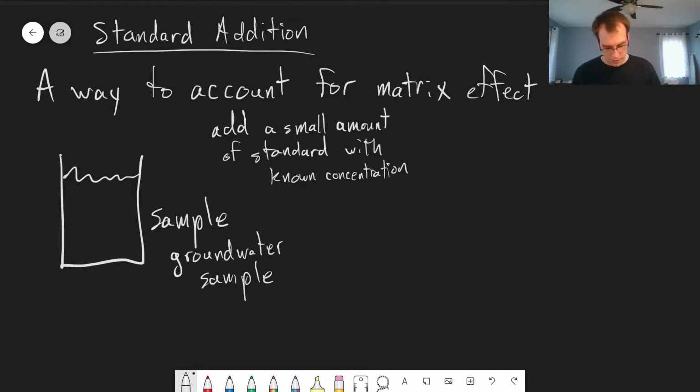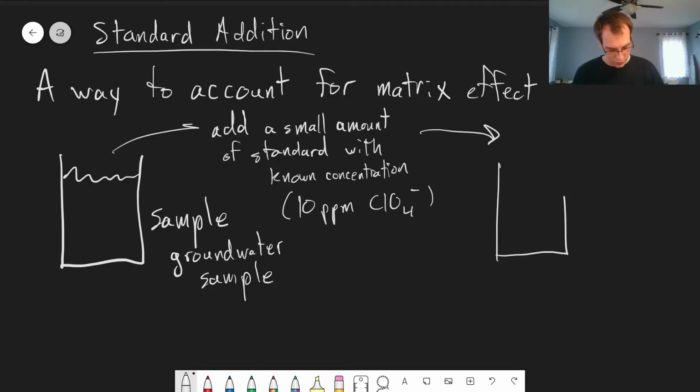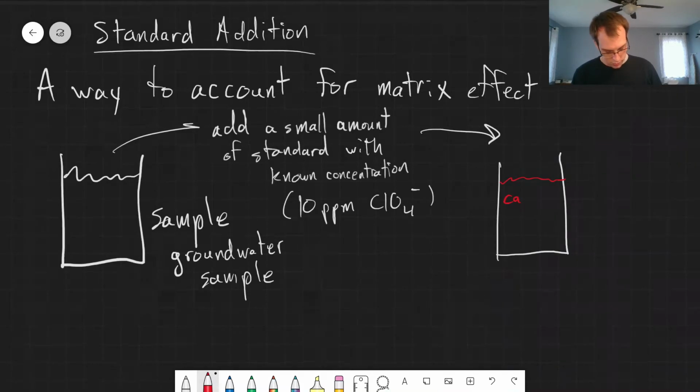So maybe this is like a 10 ppm perchlorate for the example that we're considering here. All right, so our volume will increase slightly, and the concentration, so we have our sample plus standard here.